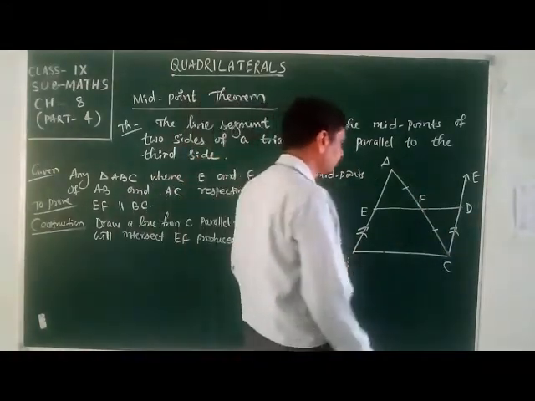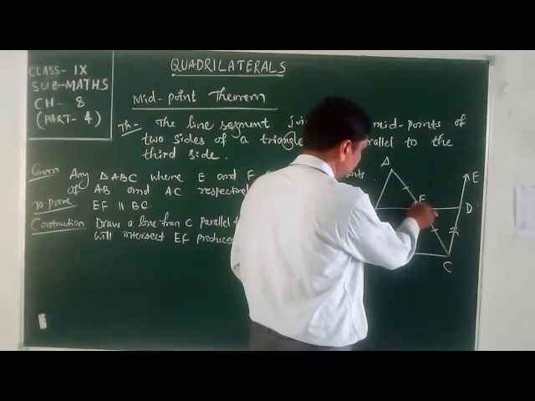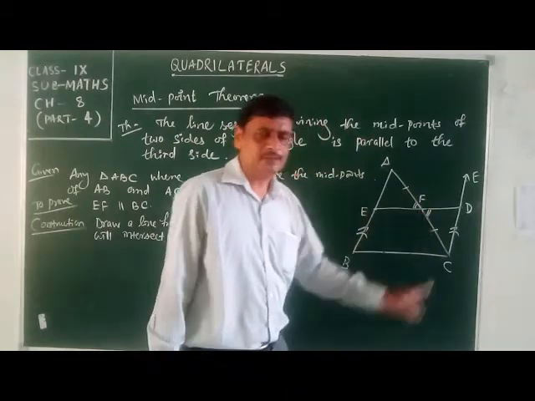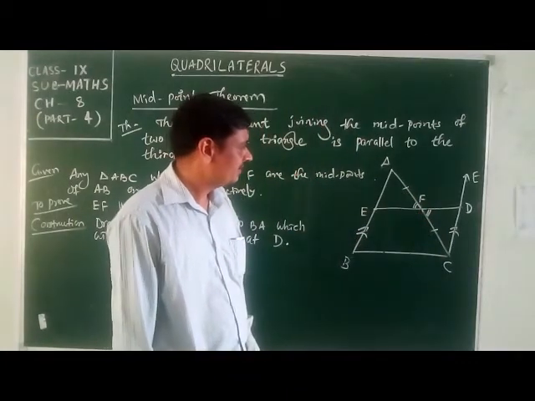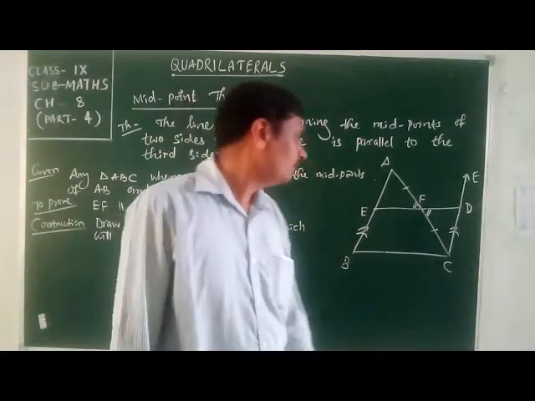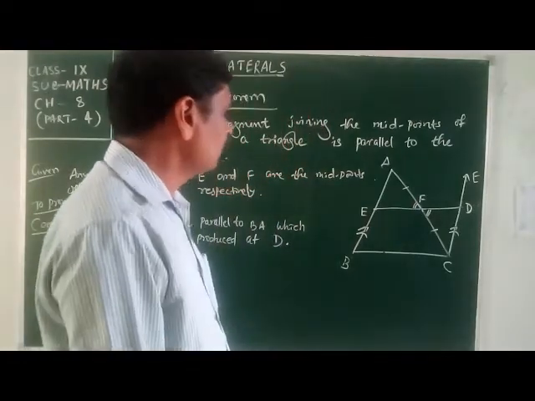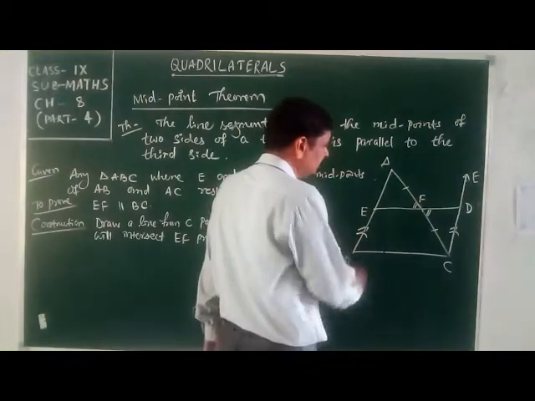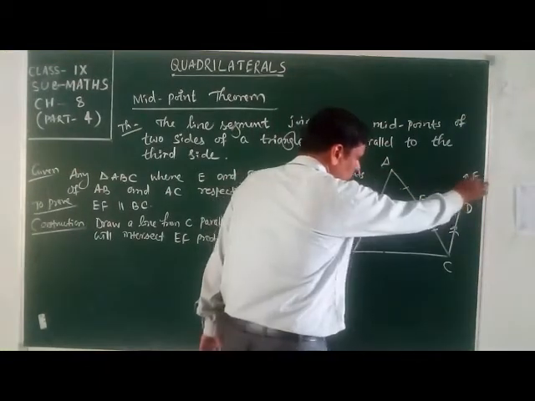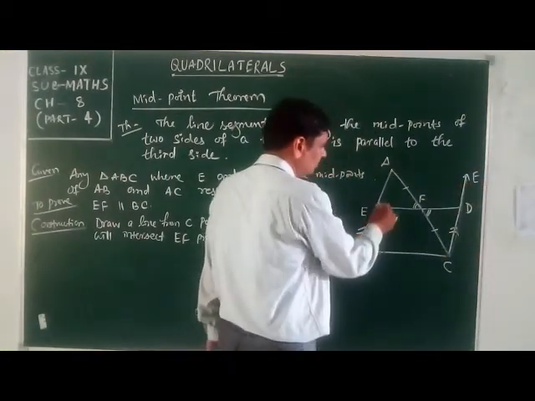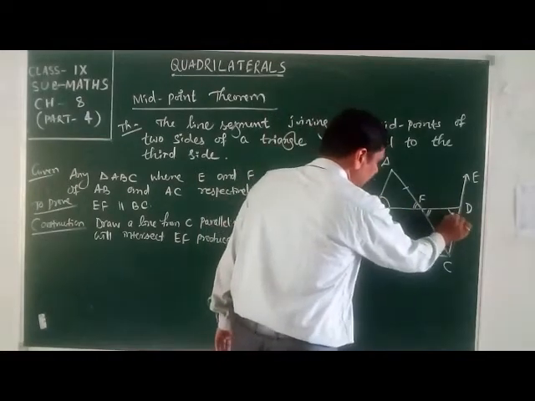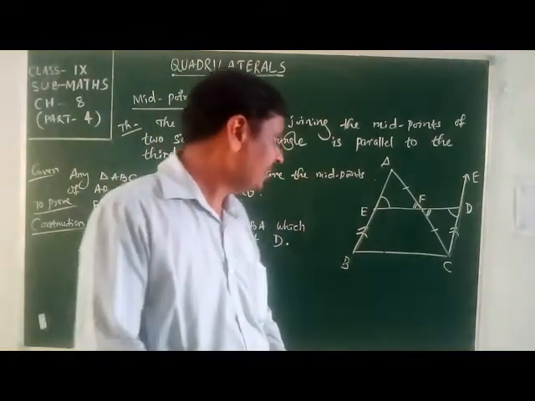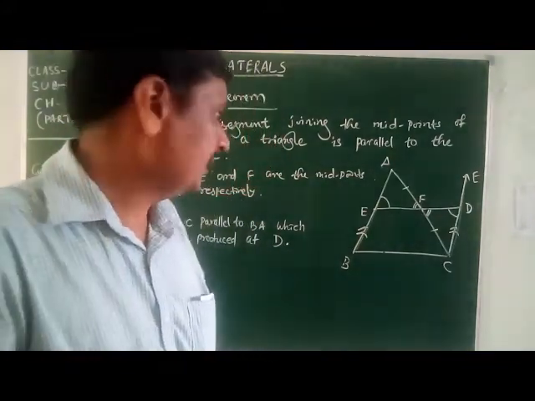Next, these two angles are equal. These are vertically opposite angles. And the third one: since these two lines are parallel, this angle and this angle both become equal as they are alternate interior angles.